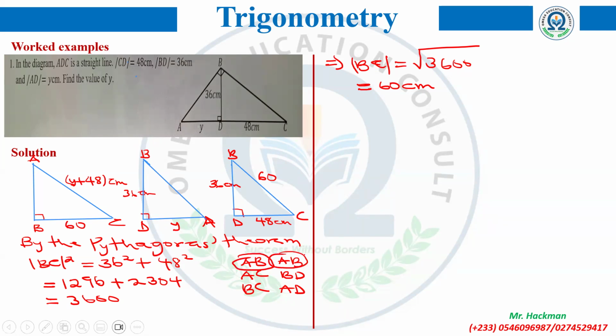So the common side is AB. What you are going to do is take this triangle, use Pythagoras theorem to create an equation involving AB. Then take this triangle and create an equation involving AB. But because the AB here should be equal to the AB here, in effect we can equate the two and solve. By that, this is what I mean.